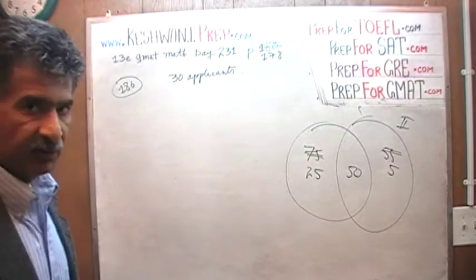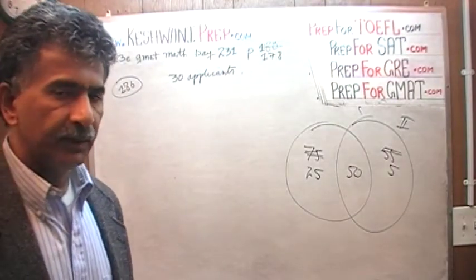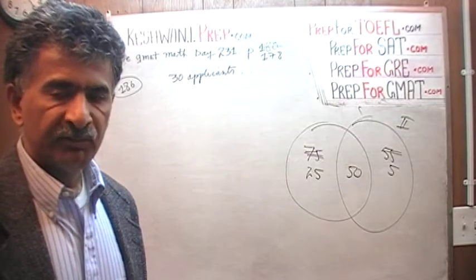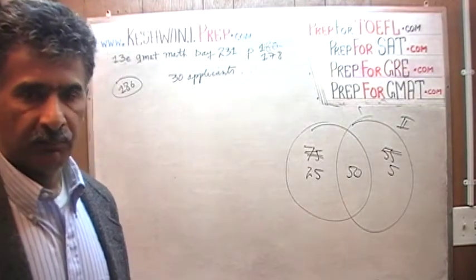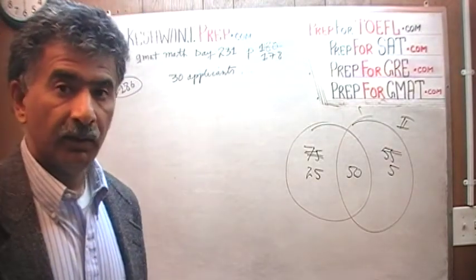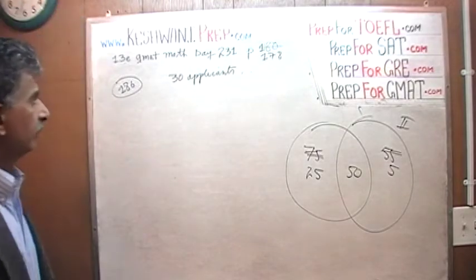Just like the question that we just finished, in which we had 100 people. Even though they did not say 100 people, they were speaking in terms of percent. But whenever they speak in terms of percent, just make up a number of 100. It's much easier to speak of people in terms of numbers as opposed to percentages. So here we had 30 applicants.